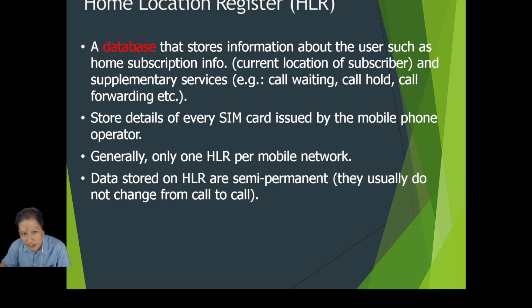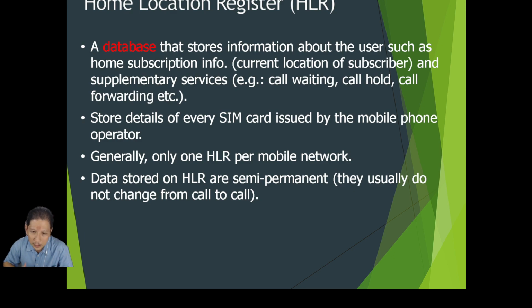Then it stores details for every SIM card issued by the mobile phone operator. For example, if you are blacklisted from DiGi, you cannot register a new phone line at Maxis, because it is integrated.